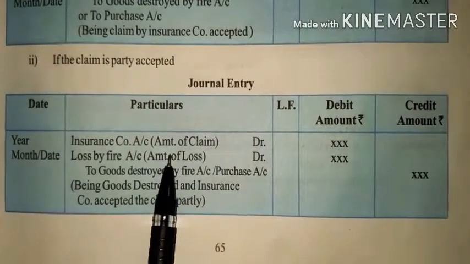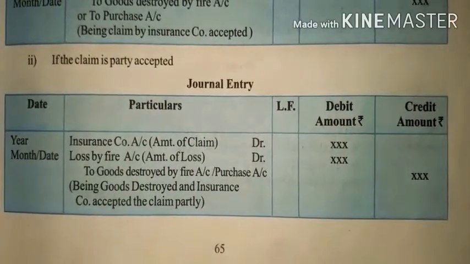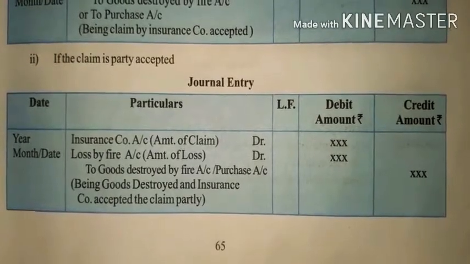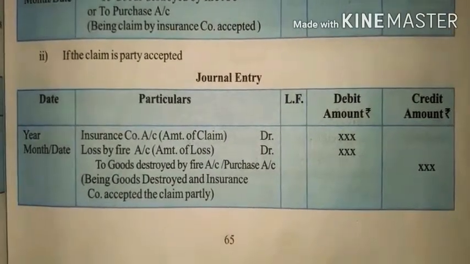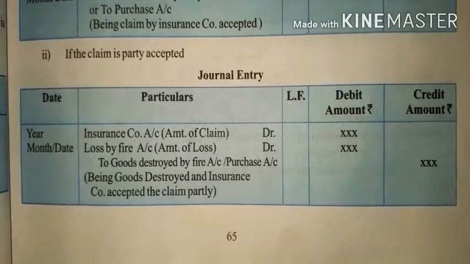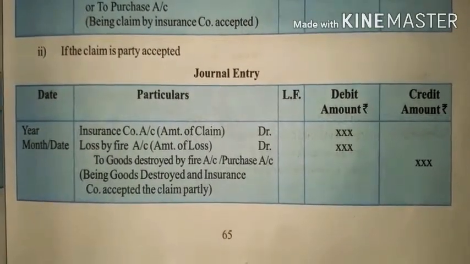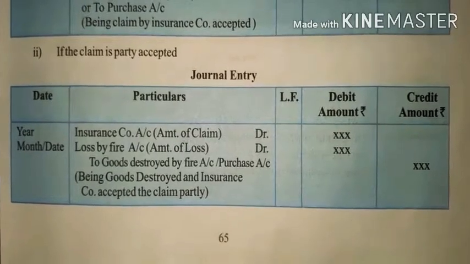Insurance company account, amount of claim. Now the insurance company will decide how much amount of claim will be given to you for the loss that has happened to you. The amount it will write in the debit column. Now why the debit column?